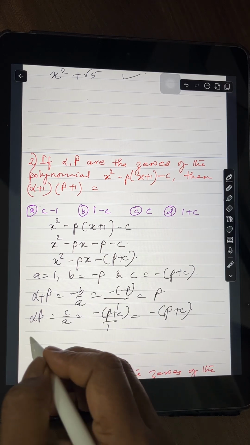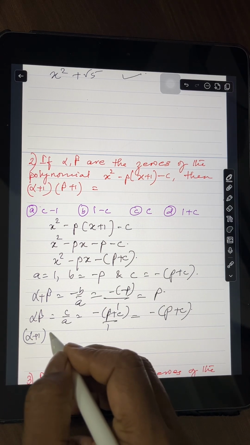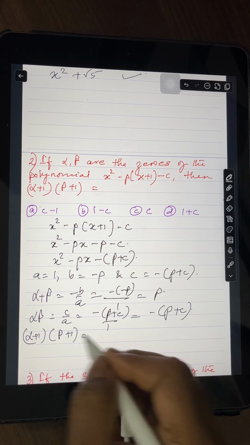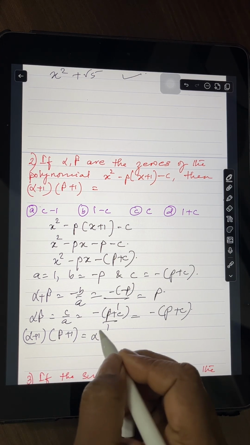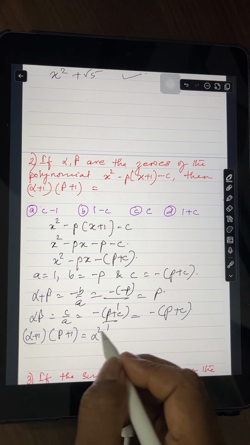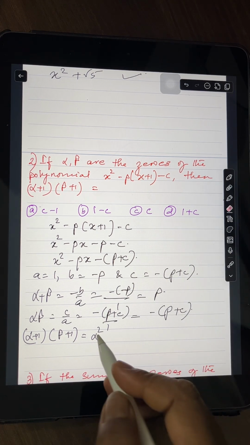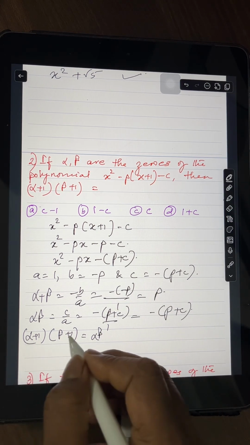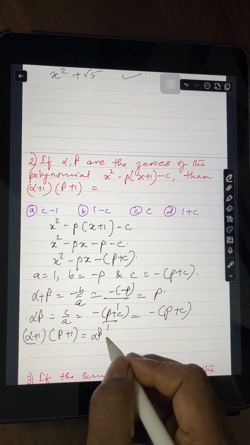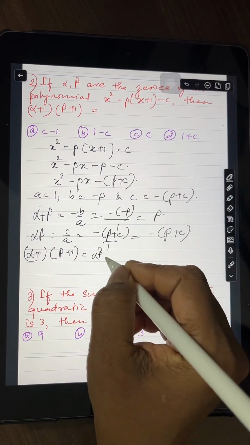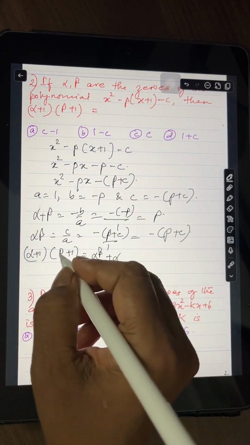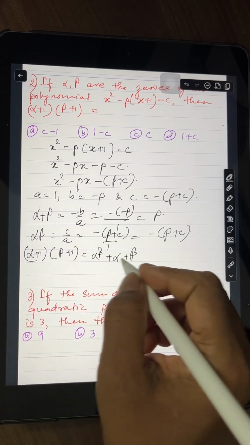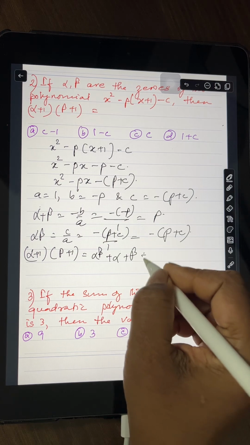He is asking for (alpha plus 1) and (beta plus 1). So now you will have to multiply: alpha beta, then alpha into 1 will give you alpha, 1 into beta will give you beta, and 1 into 1 will give you 1.